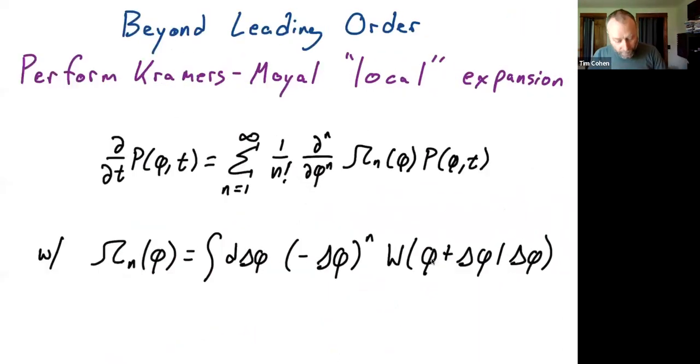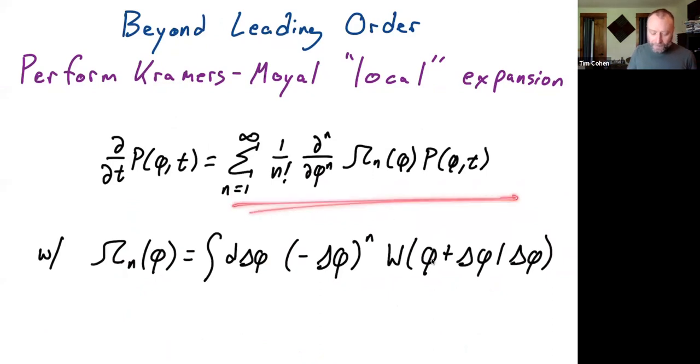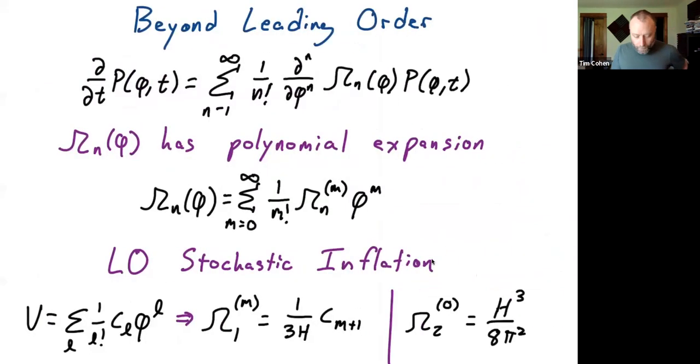So then you can perform what's called a Kramers-Moyal expansion. It's essentially doing a local expansion, and you can express the right-hand side of this as some Taylor expansion in the fields phi, where this is basically just taking moments of these transition amplitudes. And what that tells you is that you're going to organize the corrections as follows. We're going to assume that these moments themselves have a polynomial expansion in terms of the fields.